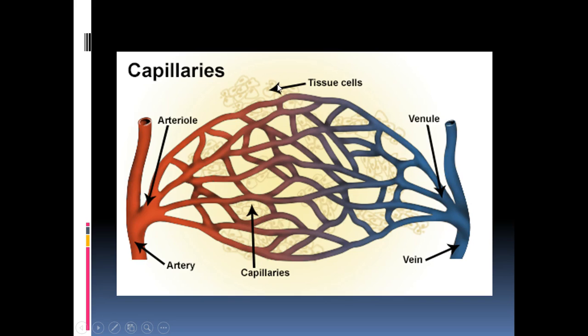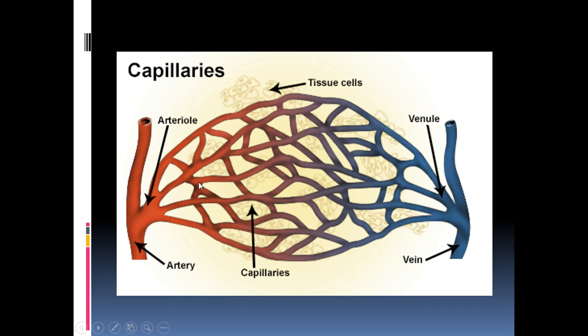The size of a capillary is about 7 micrometers in diameter, which is roughly about the same size as the RBC, the red blood cell. And this is very important. Why? Because the capillary will only allow one RBC to squeeze into it at any one time, which in return will bring every single RBC as close as possible to the body cell.